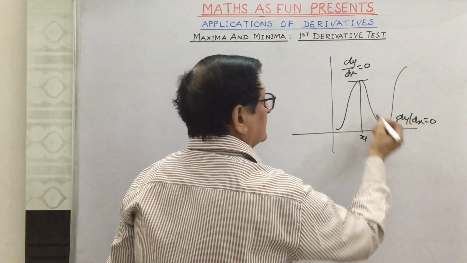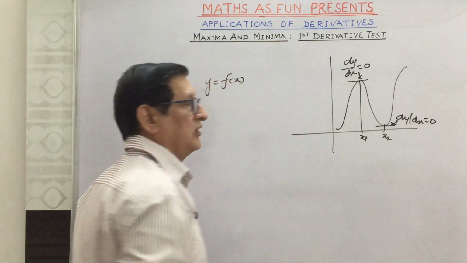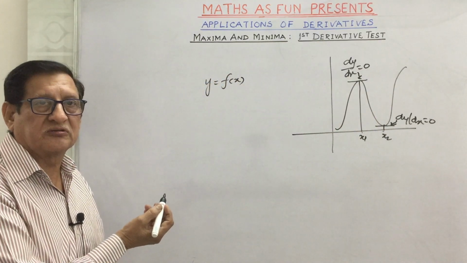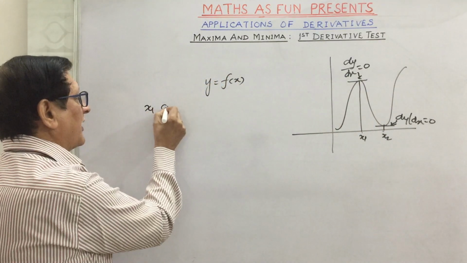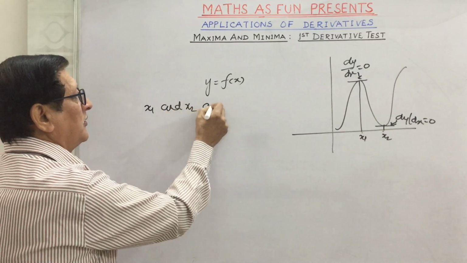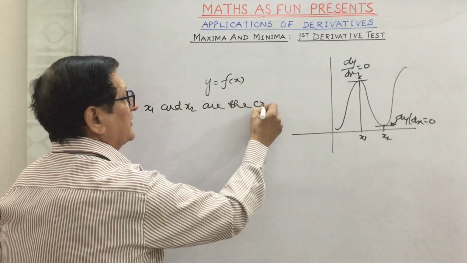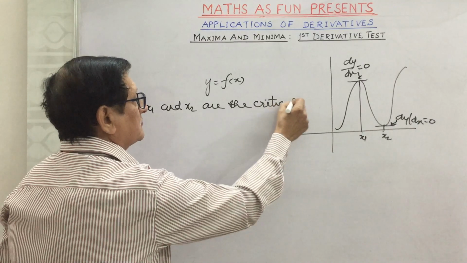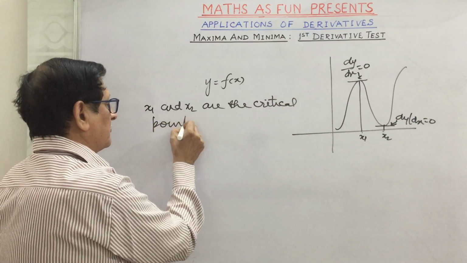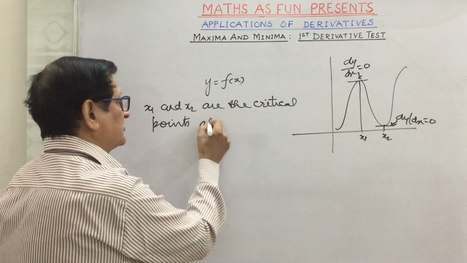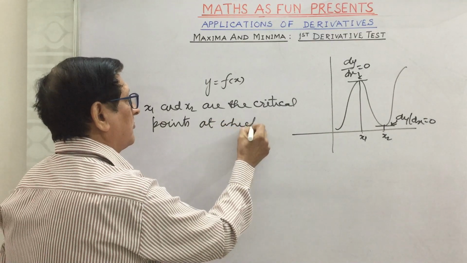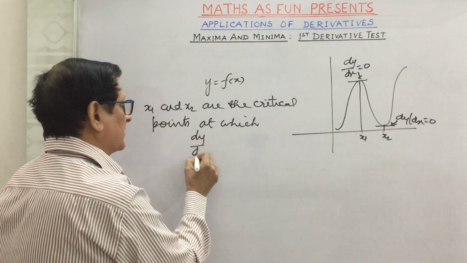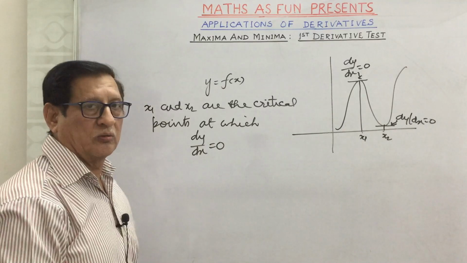These were known as the critical points. x1 and x2 are the critical points at which dy by dx is equal to 0.